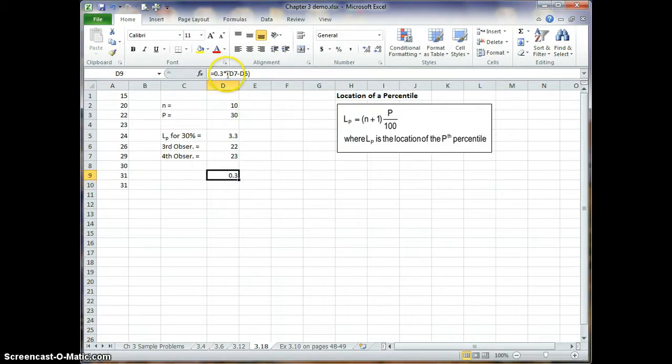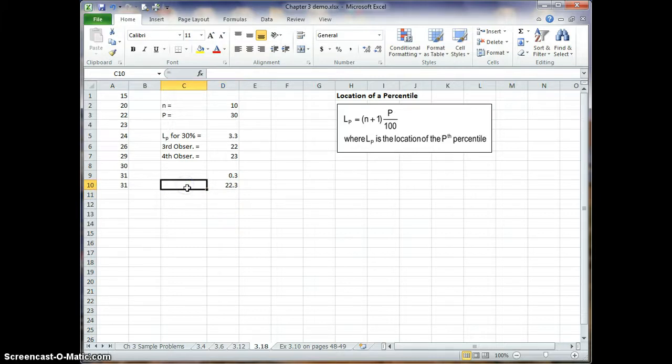And I should have put the multiplication sign in there. So that gives us the 0.3, and then the way you calculate that is the third observation plus that 30% of the difference between the two. In this case it's easy because there's only 1 point difference. If it was 22 and 32, instead of 0.3 it would be 3, to give you an example.